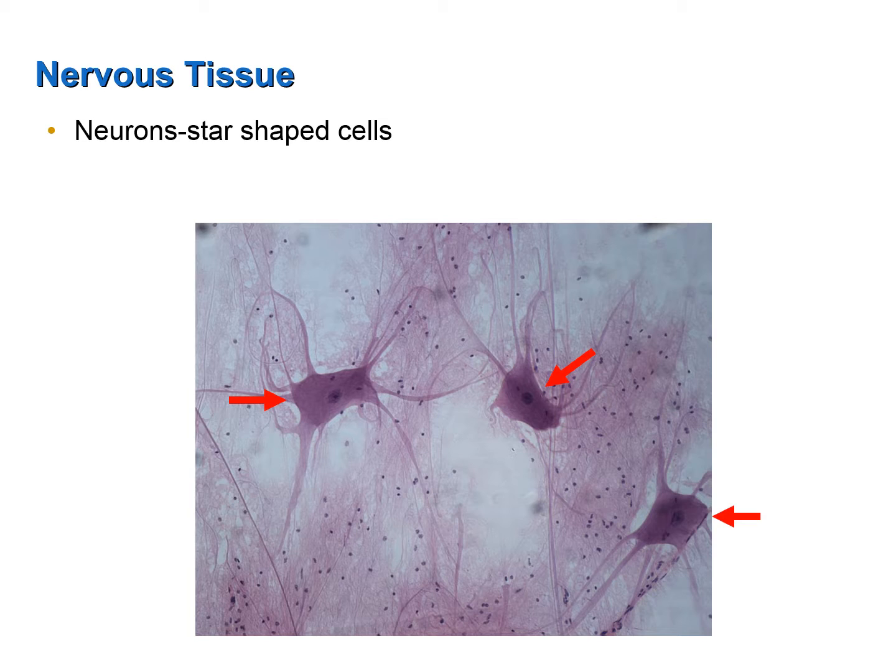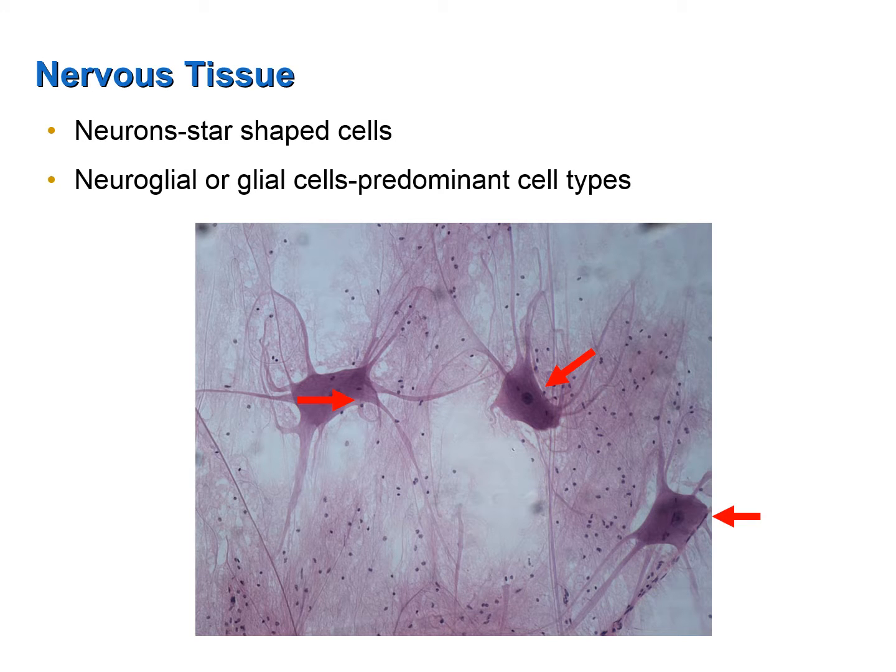Notice all the little nuclei that surround the neurons. These are nuclei of a second type of cell called neuroglial or glial cells. Glial cells outnumber neurons somewhere in the order of 10 to 1. Neuroglial cells do not generate nerve impulses.